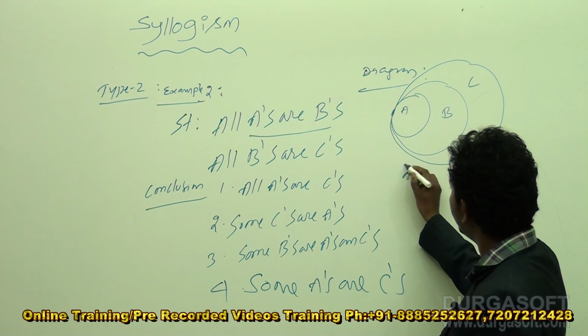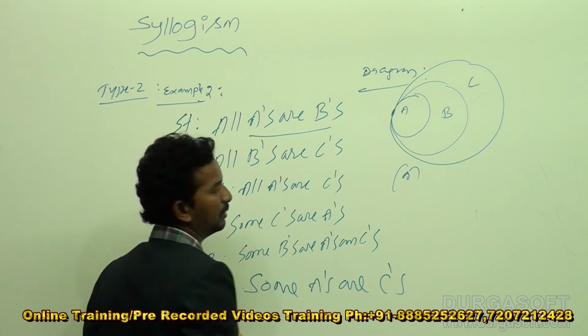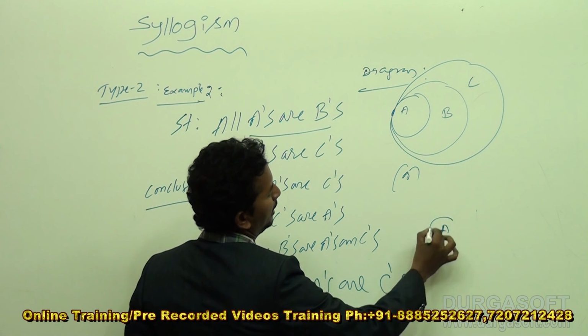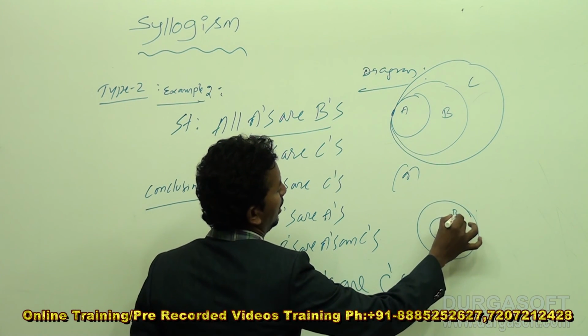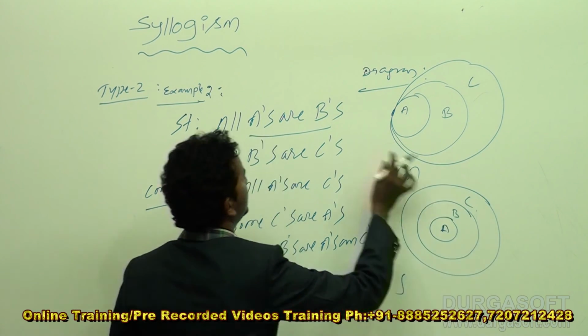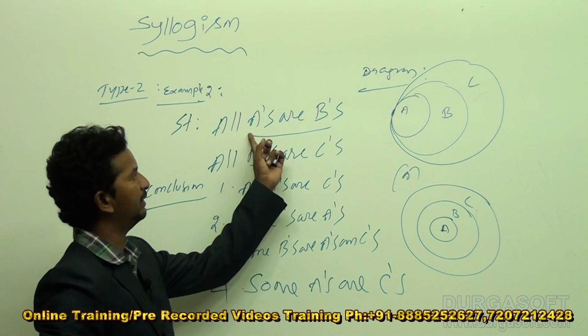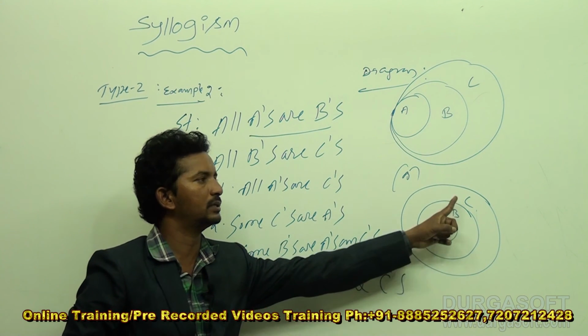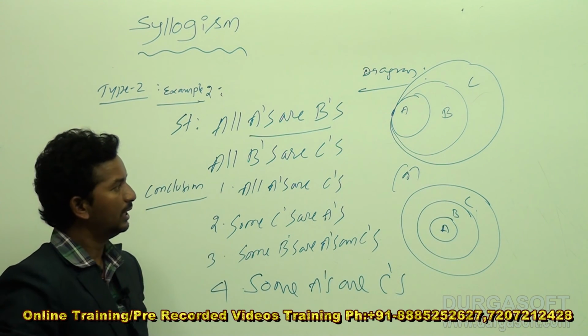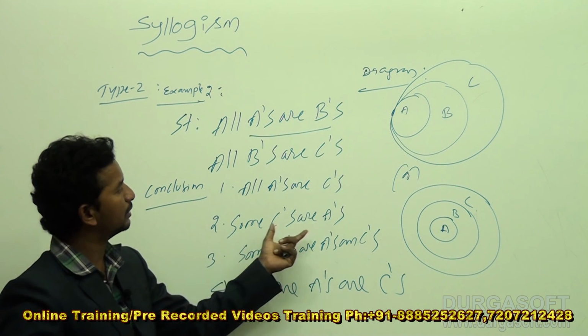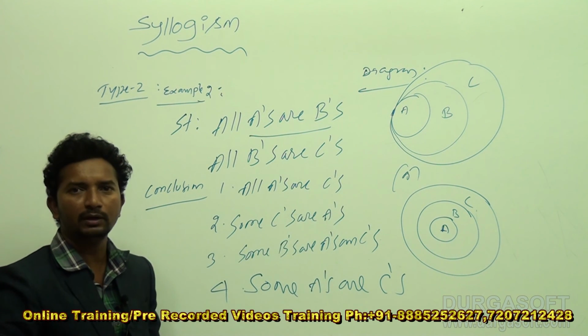This is one diagram. Or otherwise I am taking one more diagram. Shall I take it like this? All A's are B's, all B's are C's. This is the statement. Now what conclusions will be true according to our diagram?